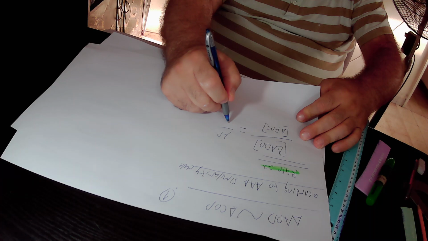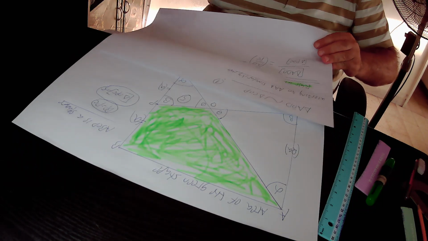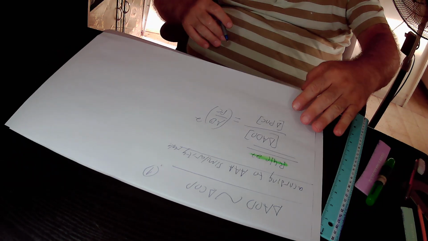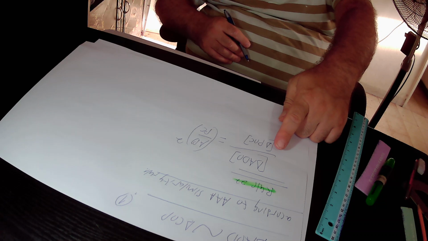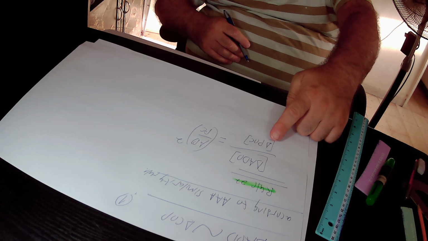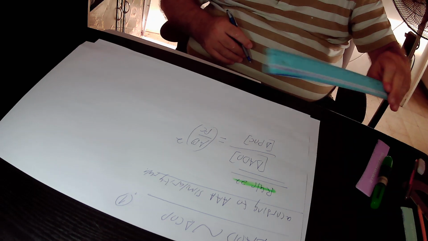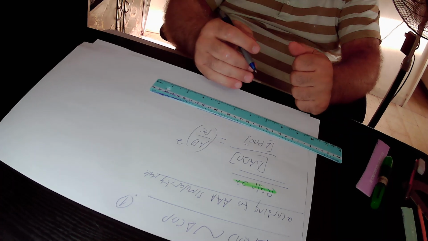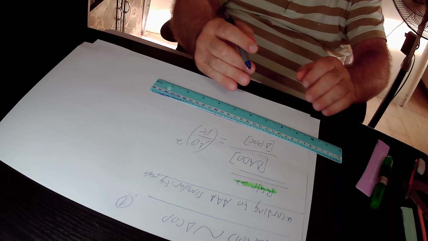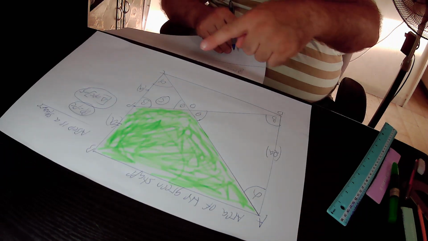So in total, we found out that the ratio between the areas of triangle ADO and triangle POC is equal to the square of the ratio of their corresponding sides. So this equation is the implementation of rule 22 in our two similar triangles, AOD and POC.